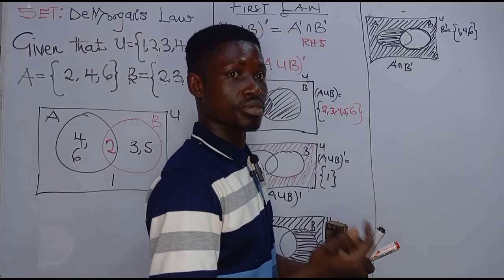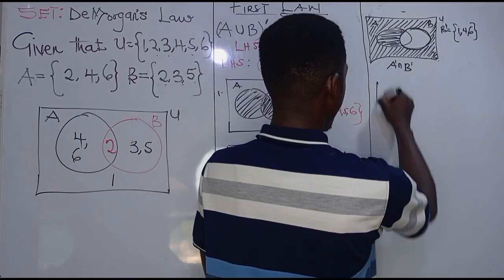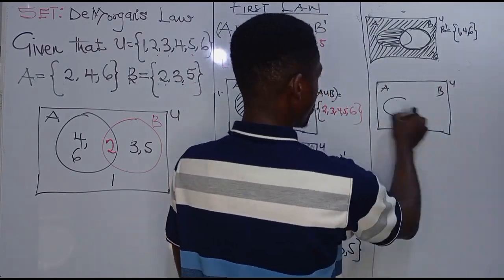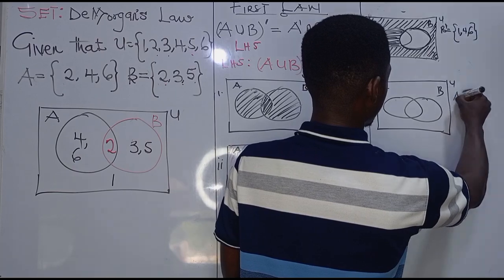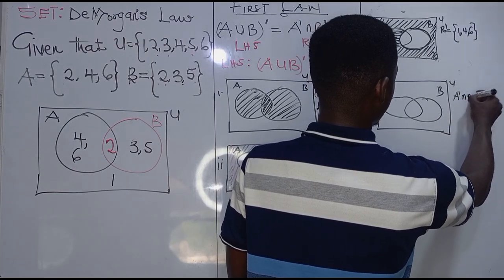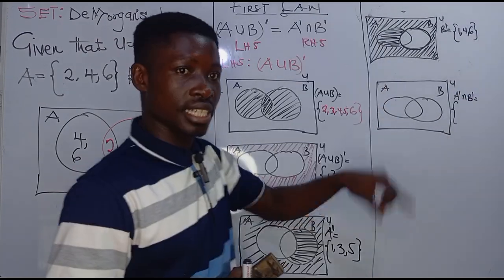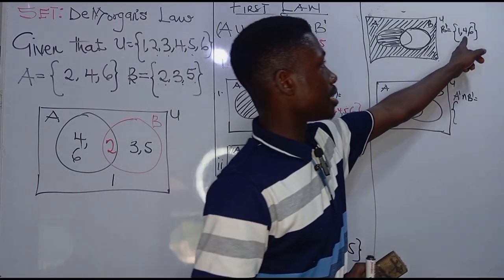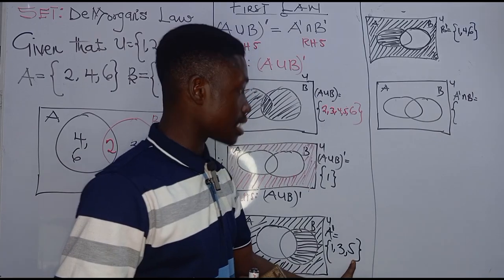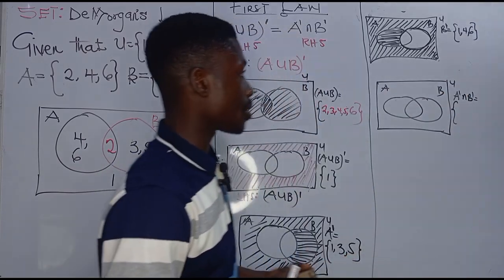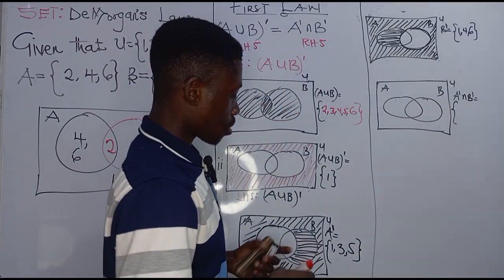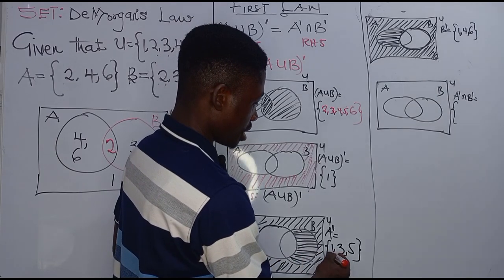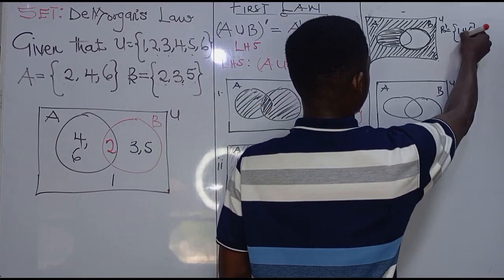So with that one, we are still going to draw our Venn diagram. So we have to find A complement intersection B complement. Intersection means all those elements that belong to this set and also belong to this particular set. We realize that we have what? 1. 1 is common to A complement and B complement.